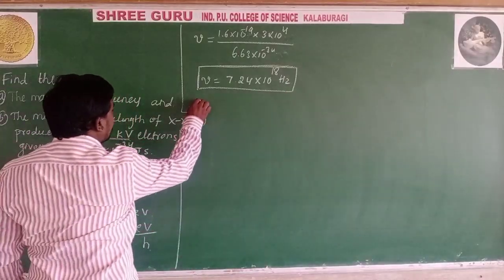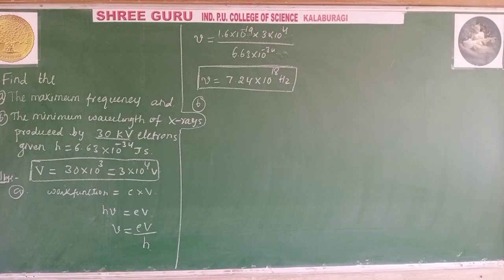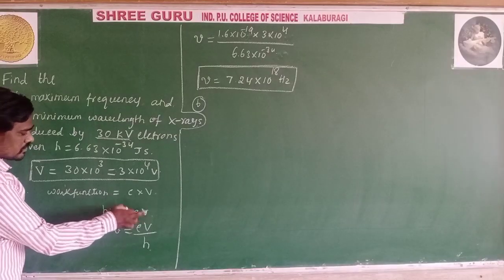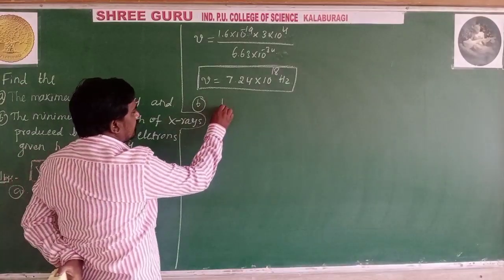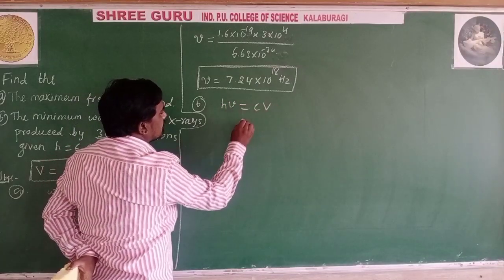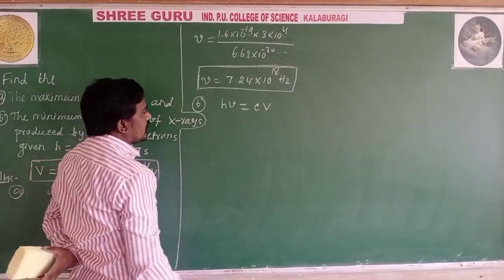Now come to the second one, the minimum wavelength of X-ray produced by this much of volt. For the minimum wavelength, what is the relation? h nu is equal to eV. That is the energy, h nu is equal to the electron charge with respect to a particular voltage.